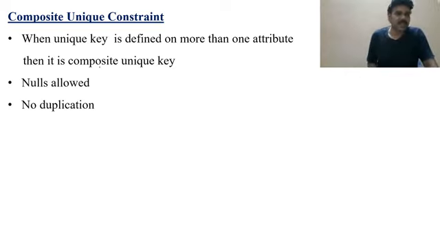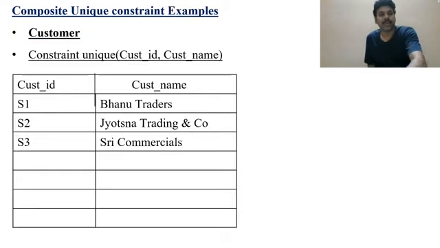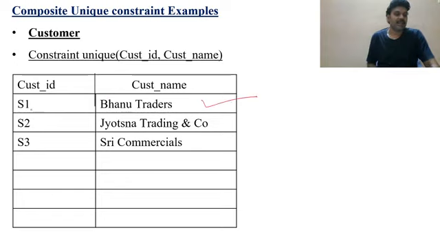Well friends, now let us see the composite unique constraint. It's very similar to composite primary key except that in a unique key nulls are allowed and duplications are not allowed. Very similar to simple unique key. Now I'm taking a customer relation here. The first row is valid. S1 and Bono Traders together is unique. This is also correct.